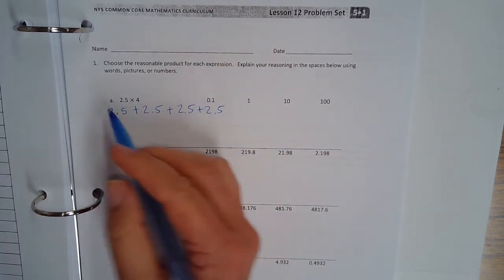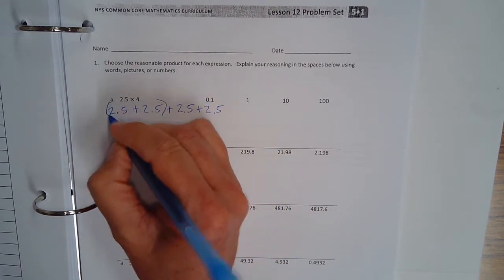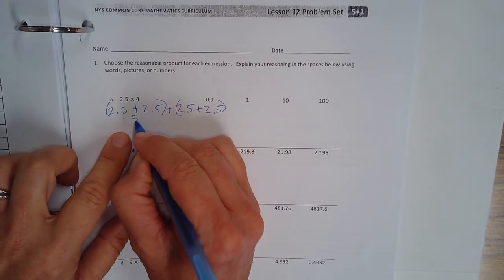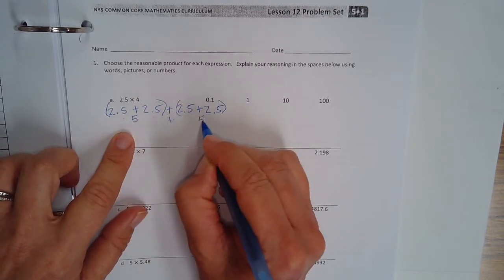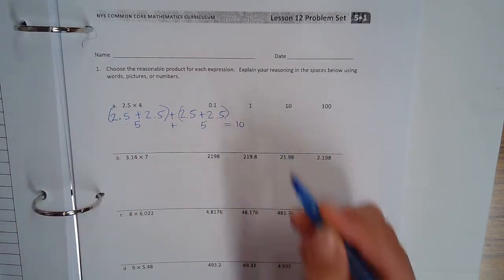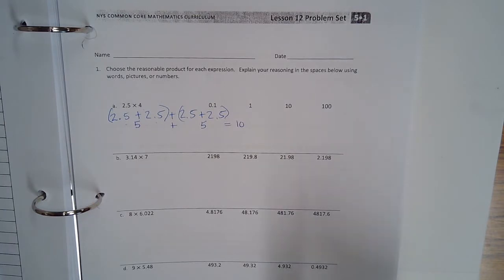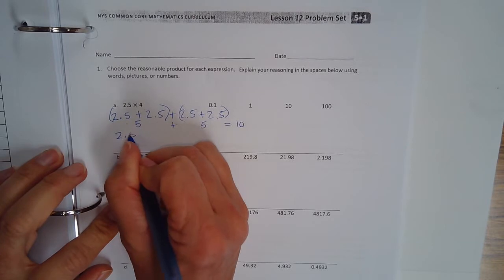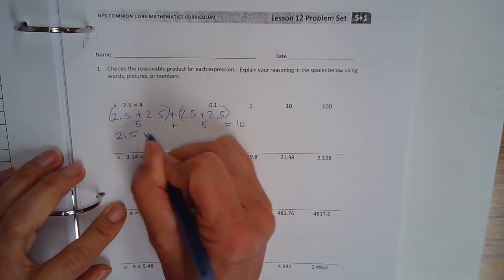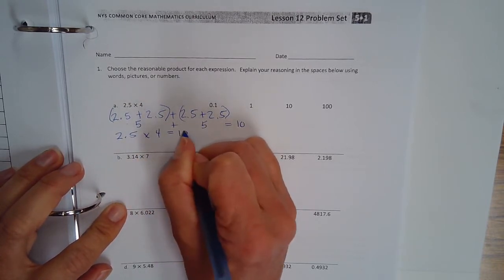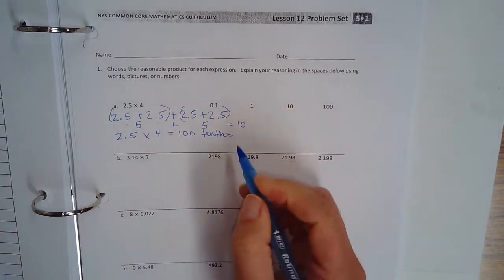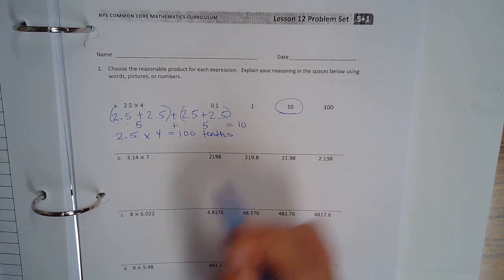So 2.5 plus 2.5 is really 5 plus 5. So that would equal 10. So I know that 2.5 times 4 would equal 100 tenths also. And 100 tenths would be 10.